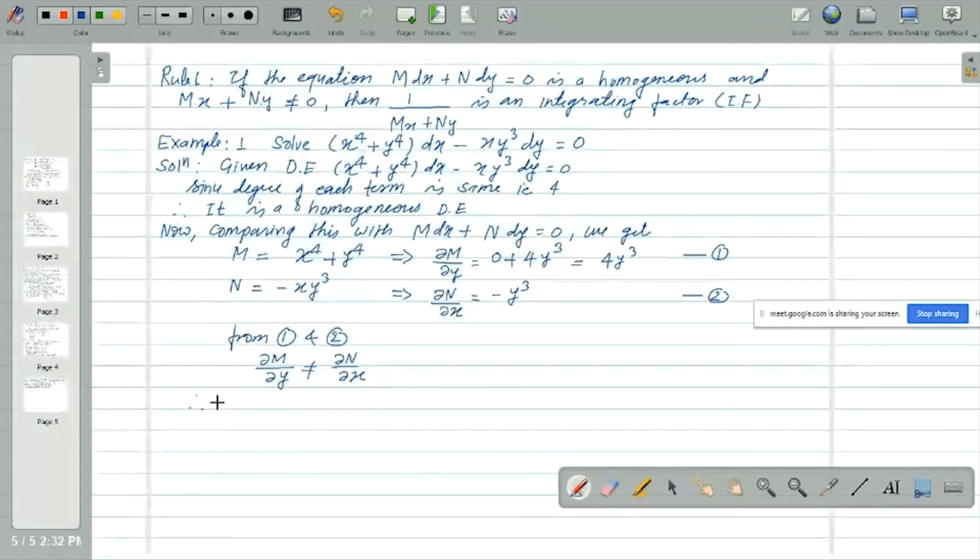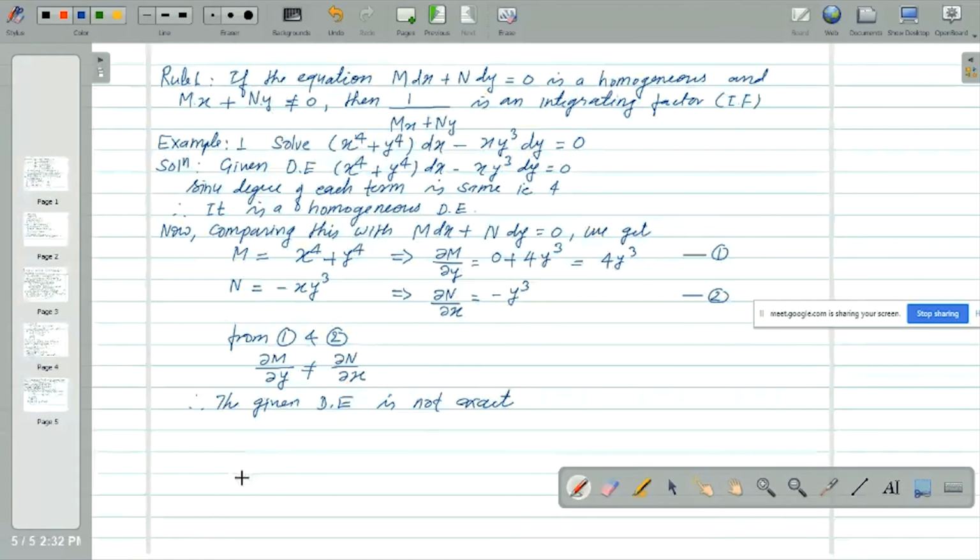Therefore the given differential equation is not exact. Not exact means our first method fails, so we will apply rule number 1.